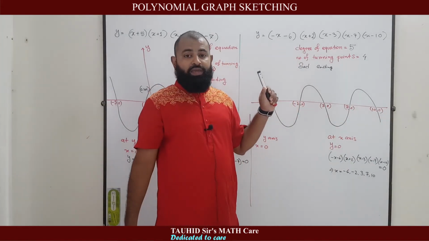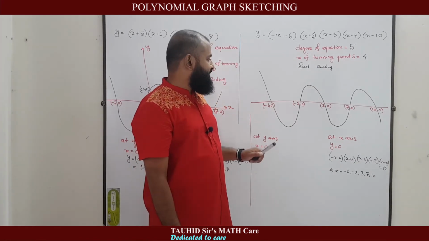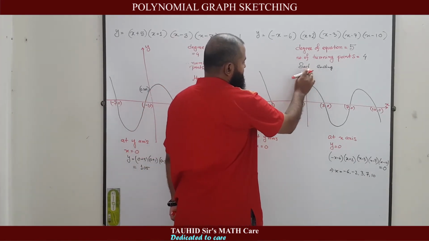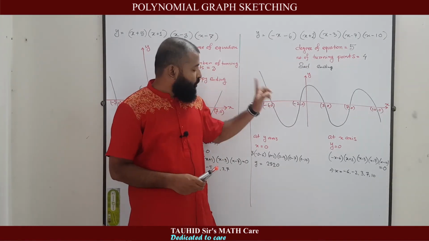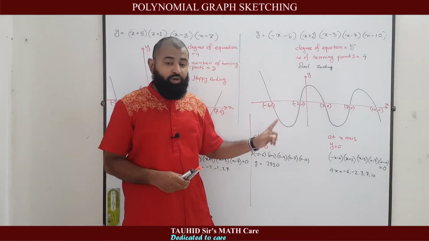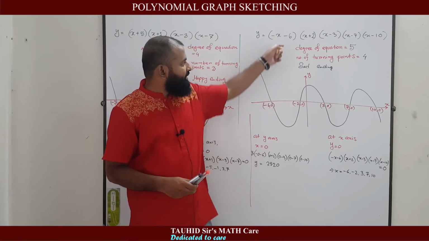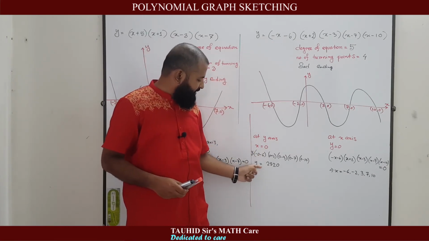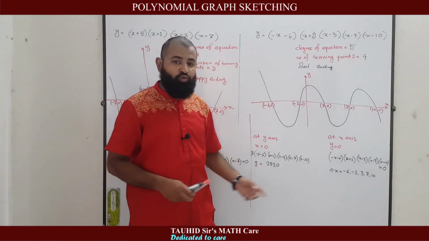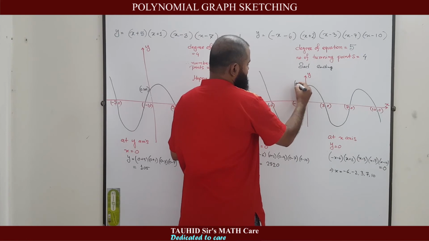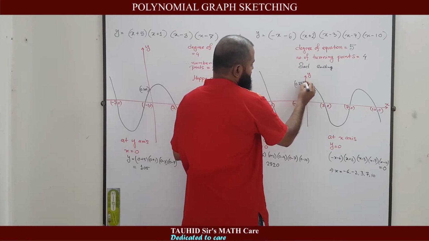This curve intersects the x-axis at these points. And what about the y-axis intercept? At the y-axis, we know that the value of x is 0, and if we put the value of x as 0 in this equation, we find that the value of y is 2520. That means this curve intersects the y-axis at (0, 2520).